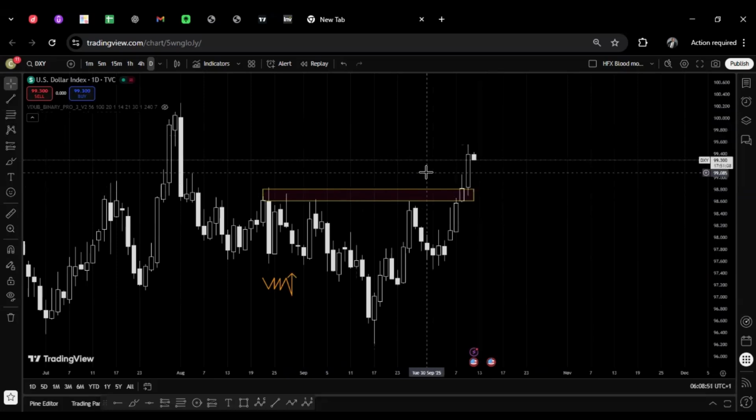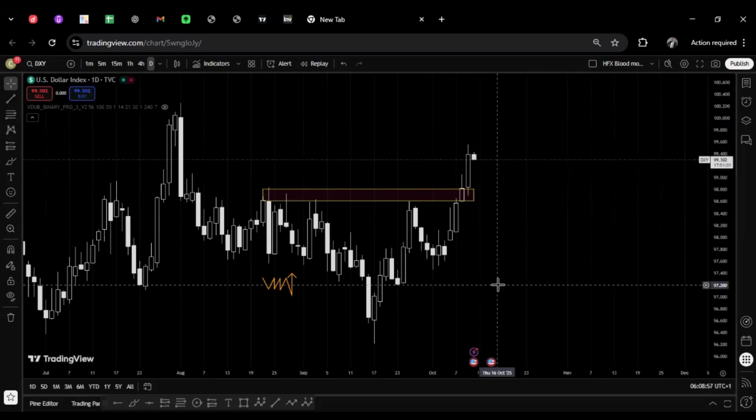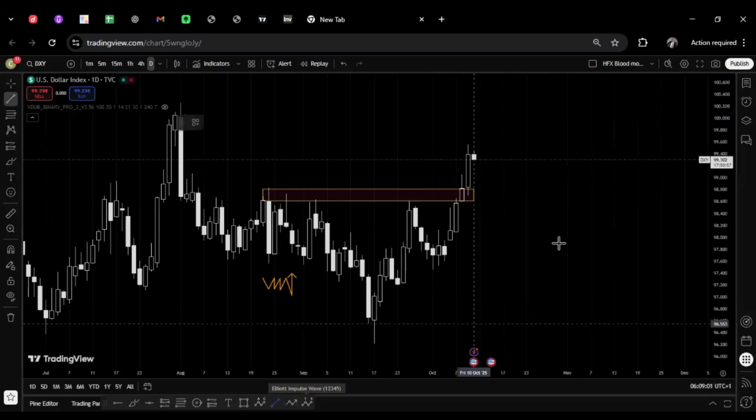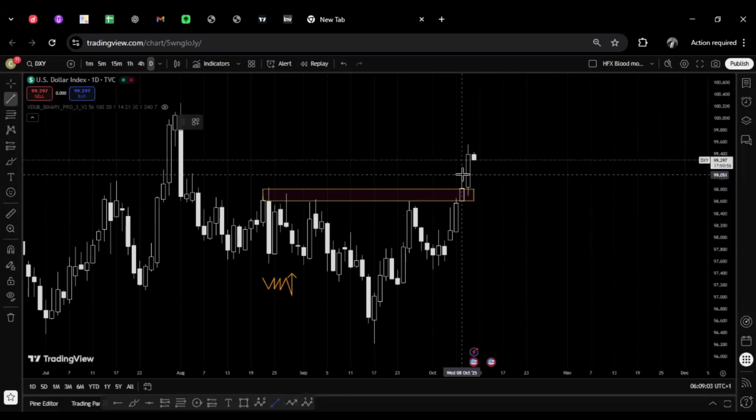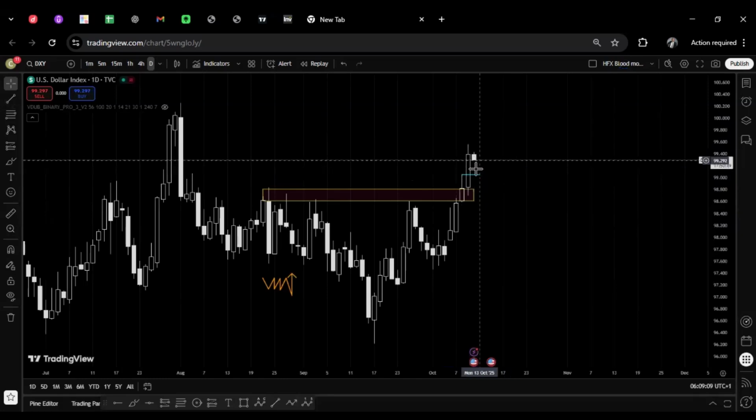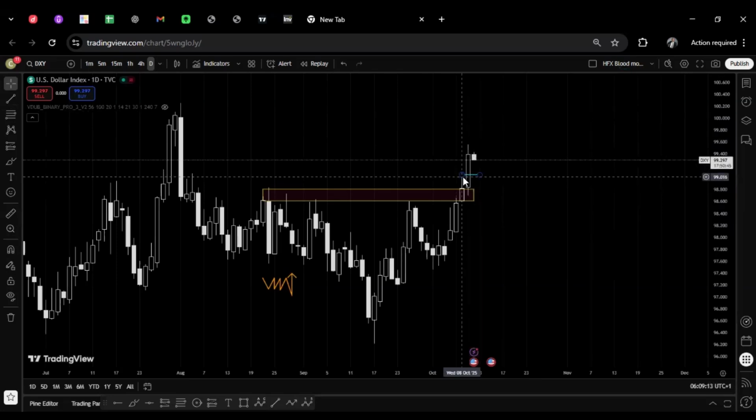So this move here, I literally don't know what's next. But for today, I expect the dollar index to get to this point, just the high of Wednesday. I expect it to touch the high of Wednesday. Anything it wants to do, I'm looking at it to touch the high of Wednesday.